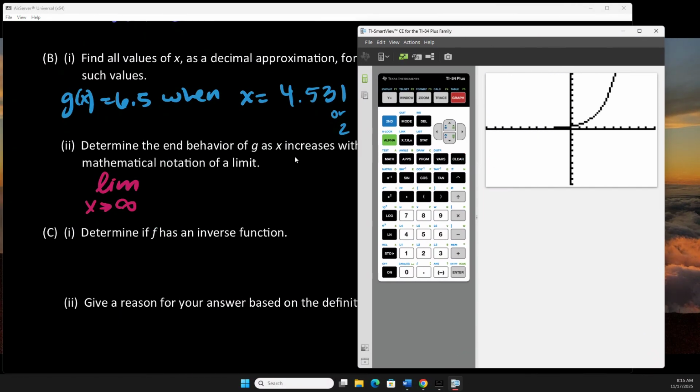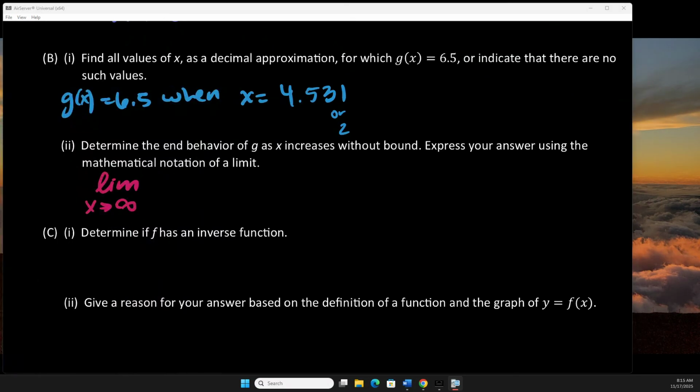It might be decreases without bound. So just pay attention. If x decreases without bound, then x is approaching negative infinity. So x is approaching positive infinity on the right side of the graph. And on the right side of the graph, g is increasing, so it's approaching positive infinity.